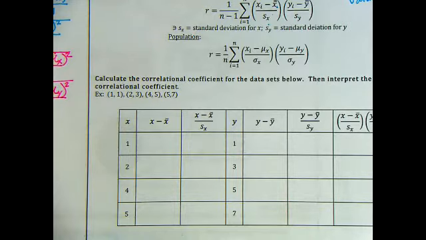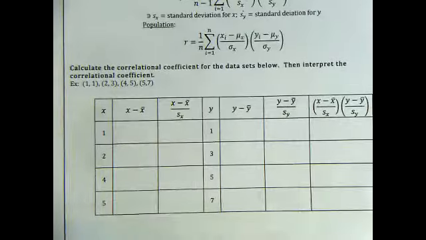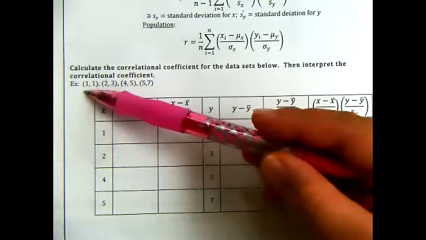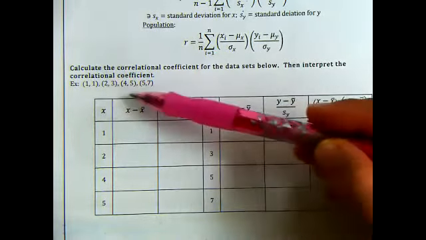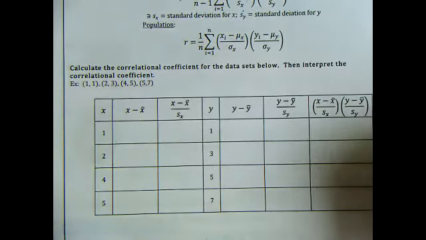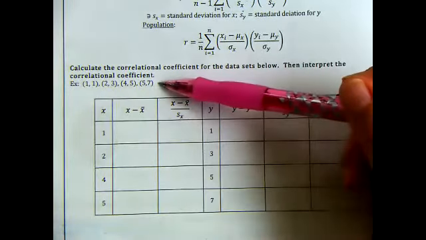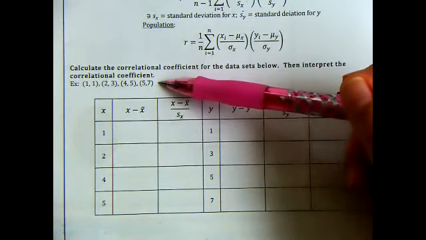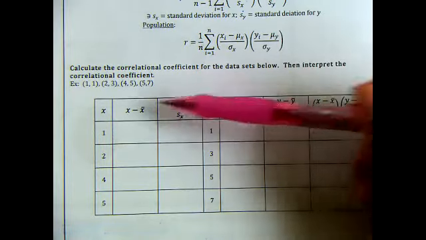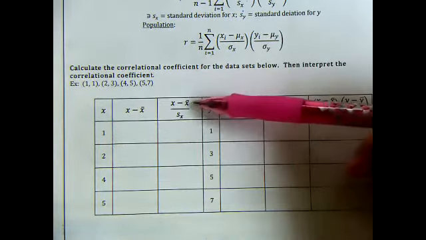All right. So we're going to calculate the correlational coefficient for the data set below, and then we're going to interpret the correlational coefficient. Okay. So first things first, we're given (1, 1), (2, 3), (4, 5), and (5, 7). So we're only doing it with 4 points right now. The first thing we need to do is calculate the x bar and the y bar, so our x mean and our y mean.